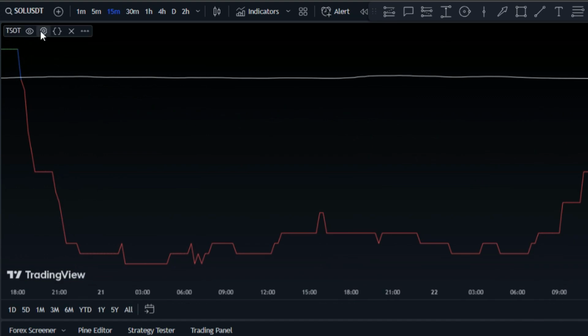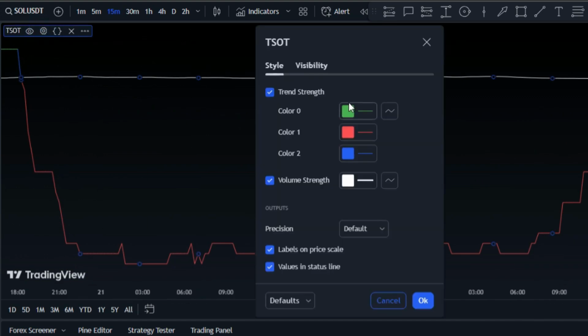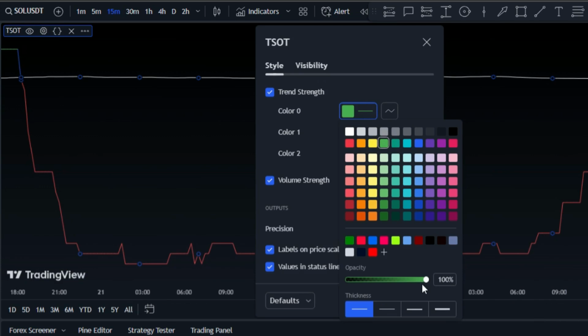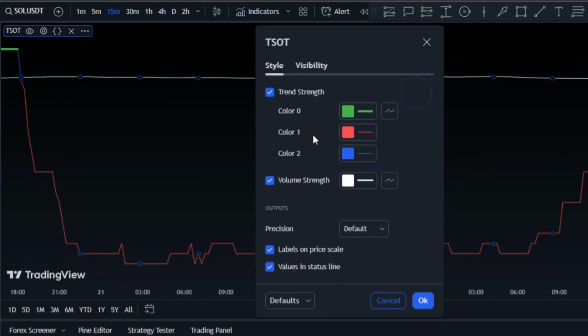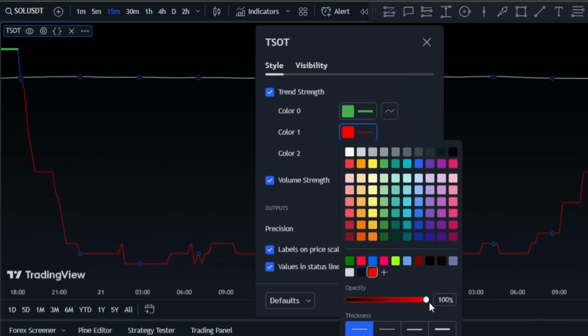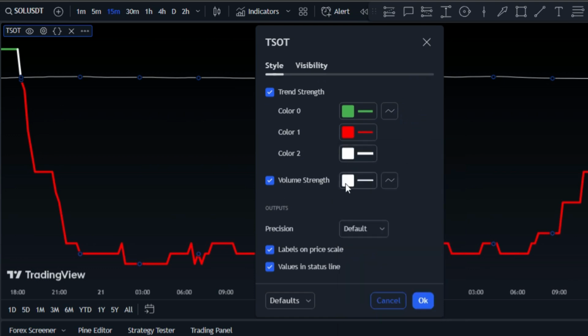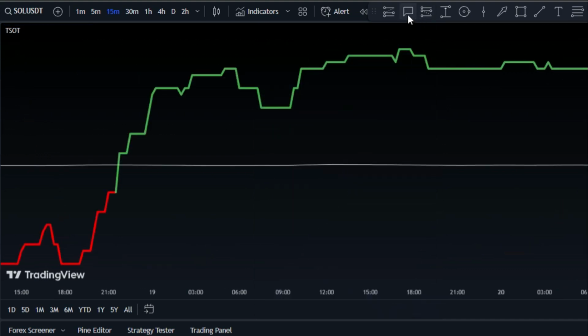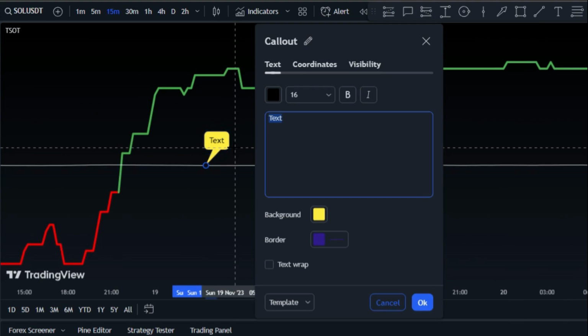Once you've added it to your chart, let's make the lines thicker in the style settings so they really pop up on the chart. This indicator has two lines, a baseline and another line that changes color based on the market conditions.